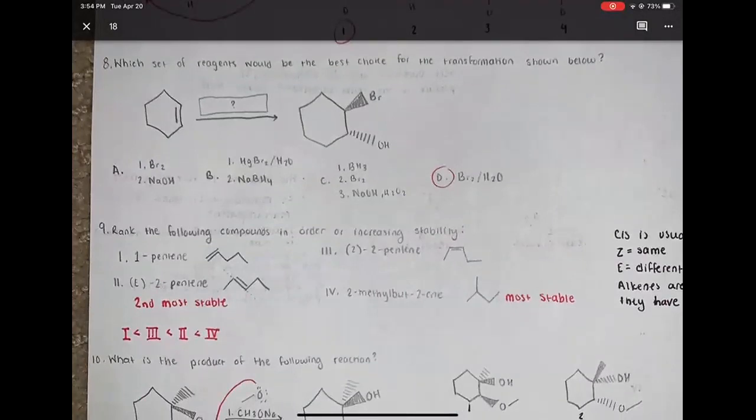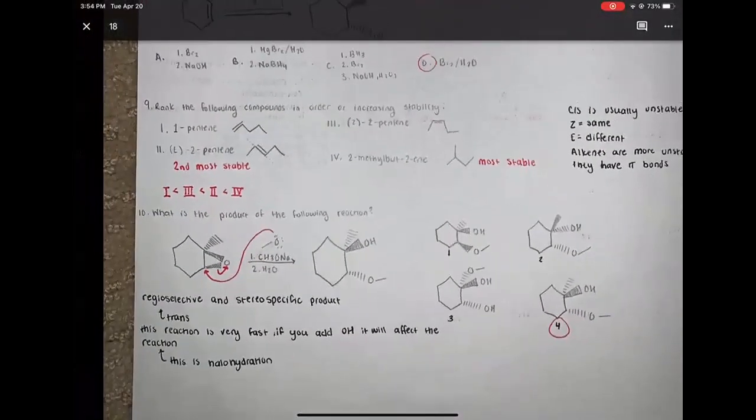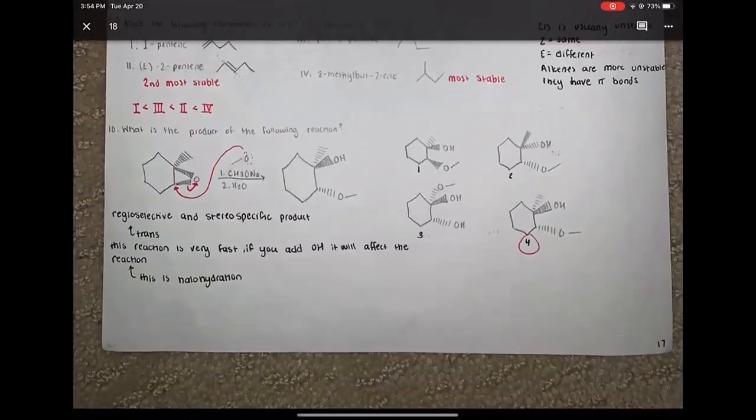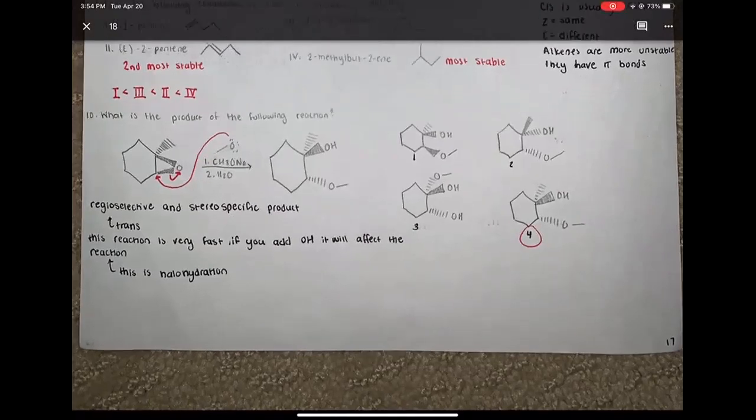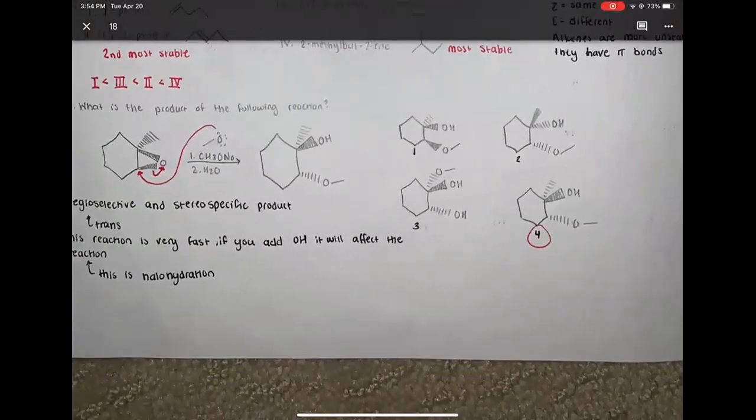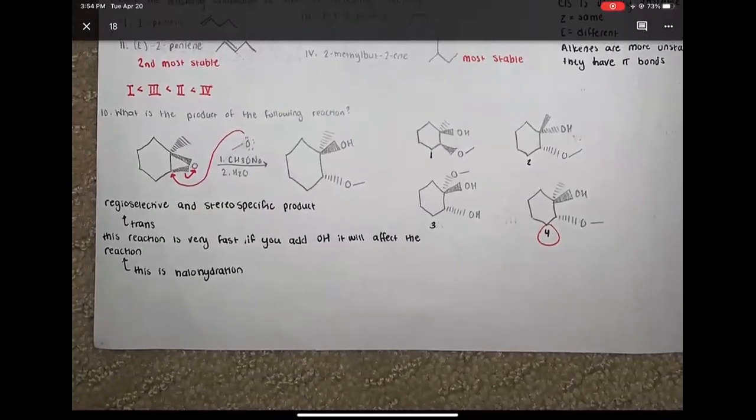E2 transformation. You wouldn't need to know that for this exam. Proper product. Would you guys need to know this for this exam? And this kind of looks like epoxide opening.